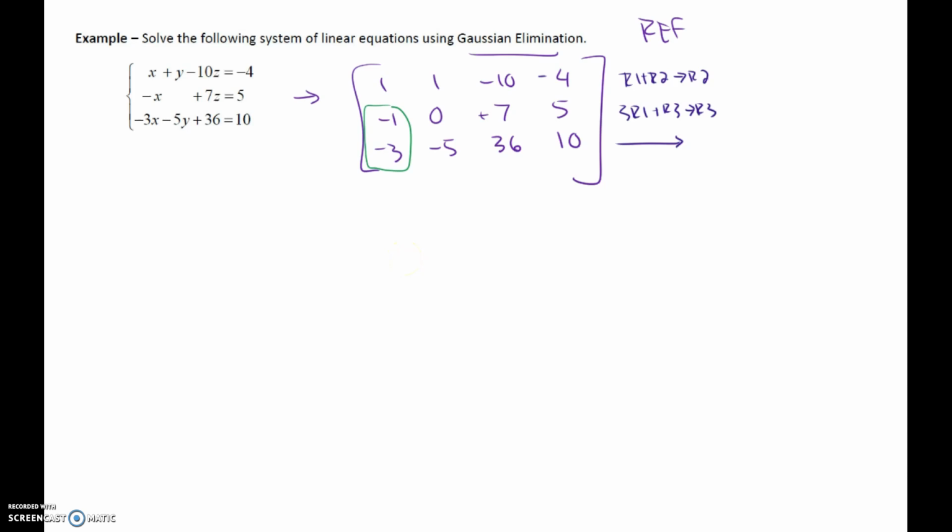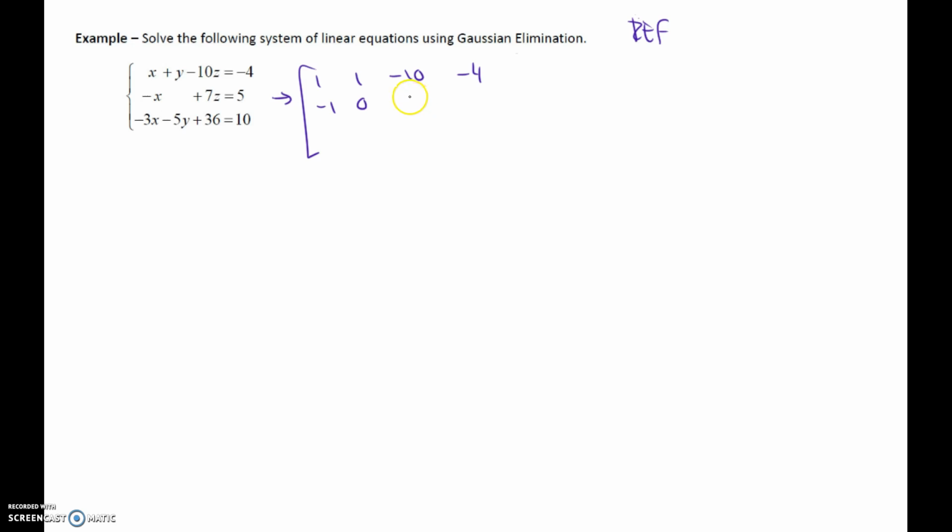Start it all over. So last example in the notes asks us to solve this equation using Gaussian elimination. So that means put it into row echelon form. So here's the augmented matrix. 1, 1, negative 10, negative 4.